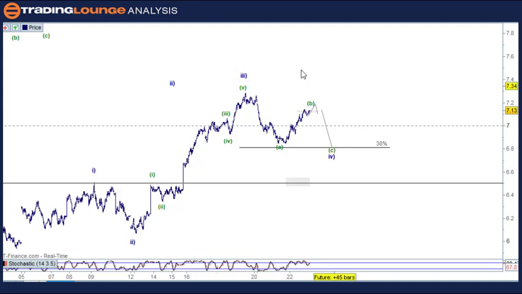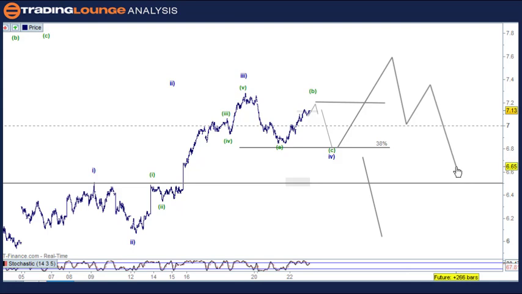If this is indeed the case and we don't go further down at this point, which is valid as well, and this is an A, a B and a C wave here, then going long above the top here, well, it's not so much going long, because all we'll get is a move up here somewhere as wave 5, and then we'll get an ABC pattern.